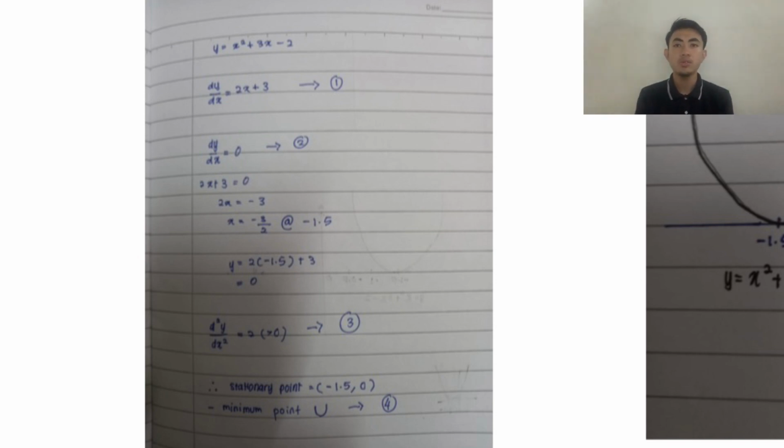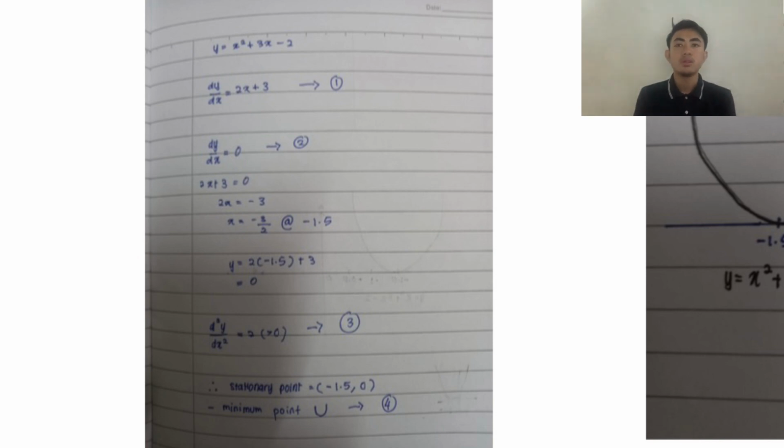After that, we continue to step 2. In step 2, we set dy/dx equal to 0, so we can get the value of x. After we get the value of x, we continue to find the value of y. Next is step 3.